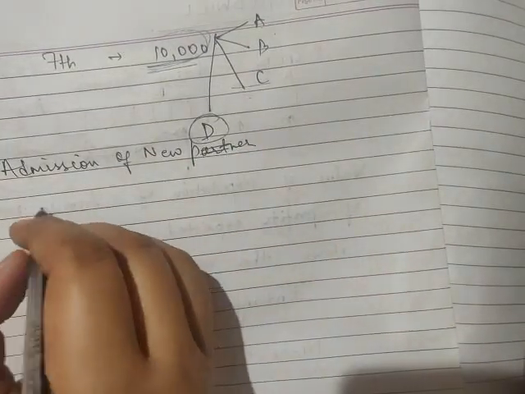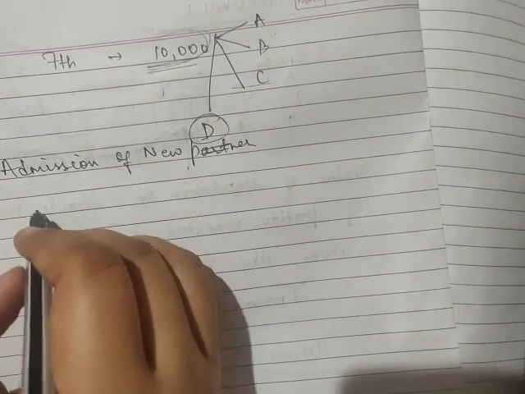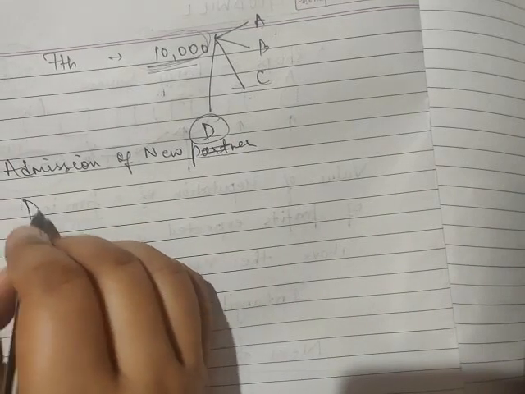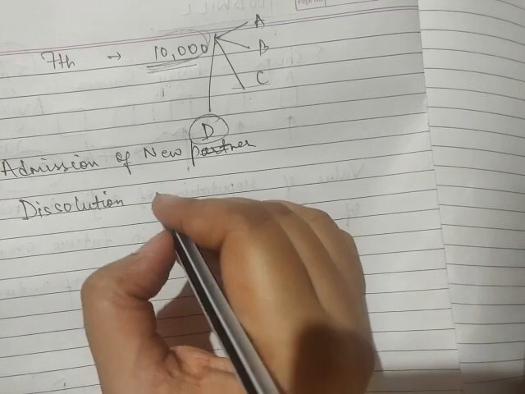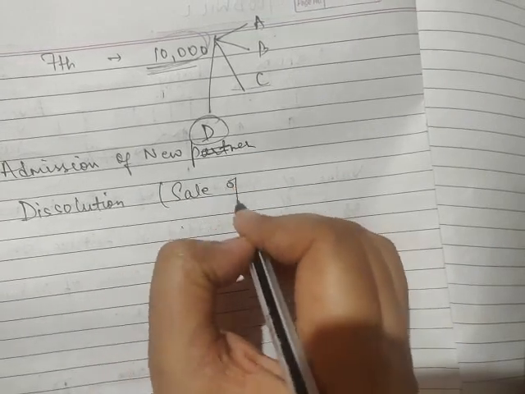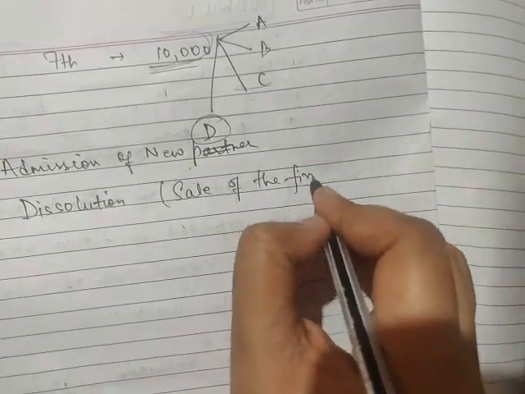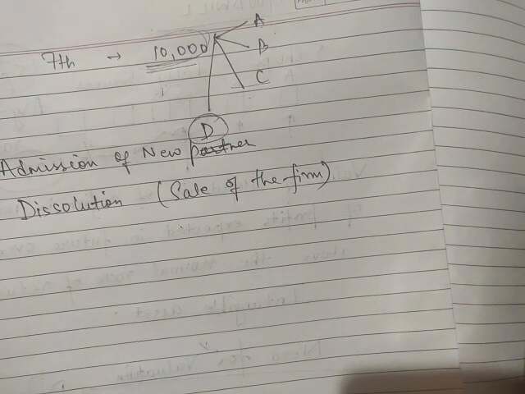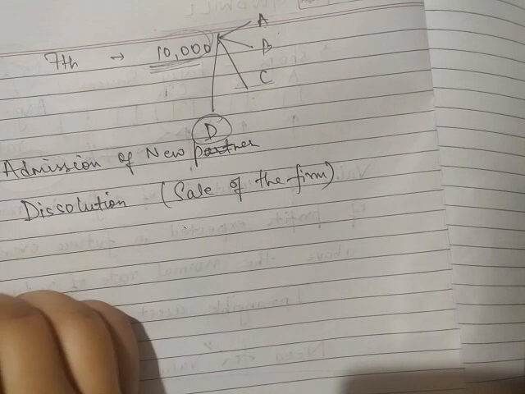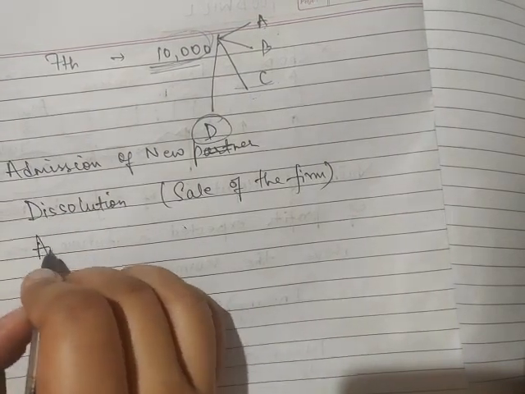Next case is dissolution of a firm. What is dissolution? Dissolution means sale of the firm. That is, the firm is closing. So we calculate the value of the goodwill, that is, the increase in profit due to the efforts of the partners. The next situation is amalgamation.